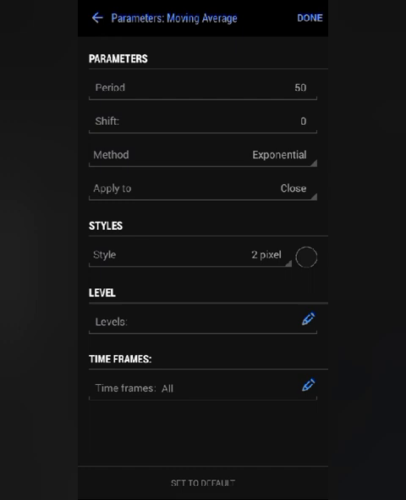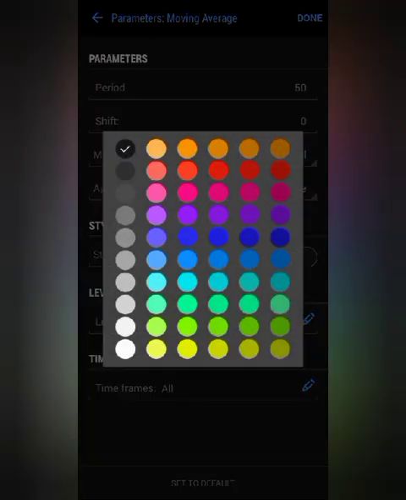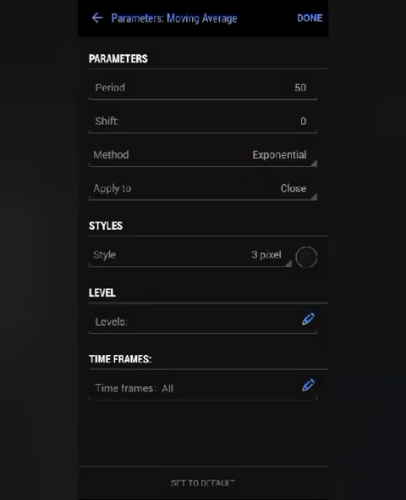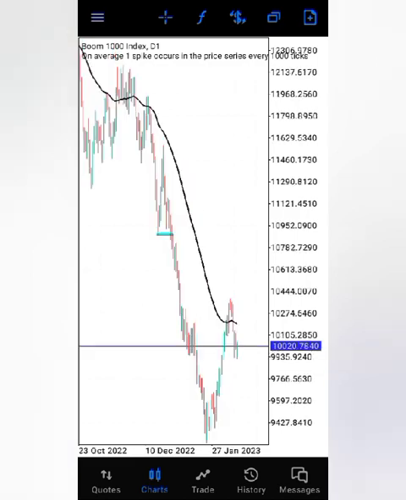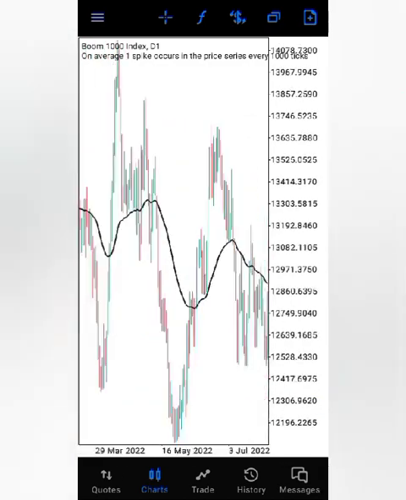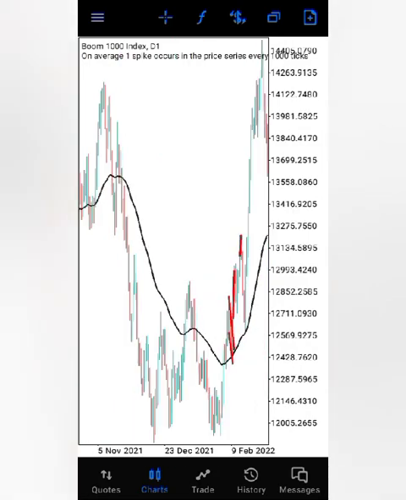Then apply to close. Style, you put 3 pixels. Then you apply. The color is black. Then you take done. All right, let's go back. You see, this is it. This is a moving average, exponential moving average 50, E.M.A 50. This is it, black on the chart.